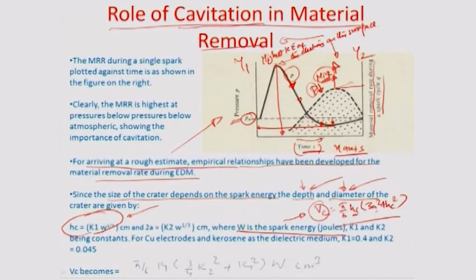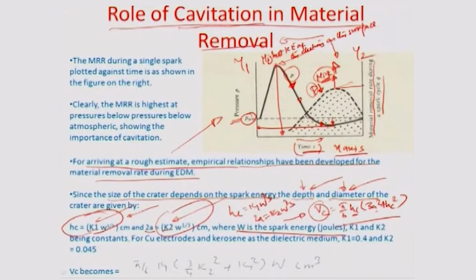And similarly, so is the case with the diameter. The only difference in this particular case is that the constants of proportionality are different, in one case K1, in the other K2. So Hc is equal to K1 W to the power 1 by 3, and 2a is equal to K2 W to the power 1 by 3.